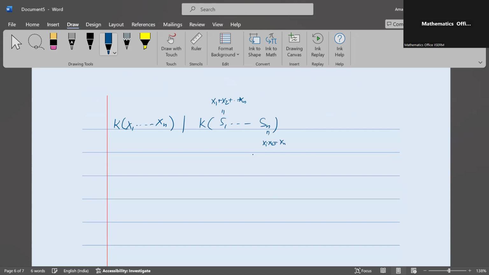Anyway, this is a Galois extension with Galois group Sn, the permutation group, the symmetric group.